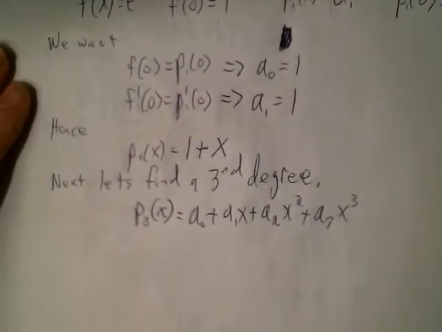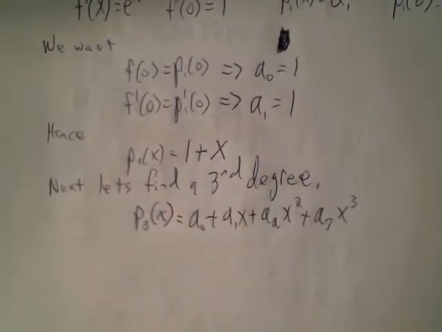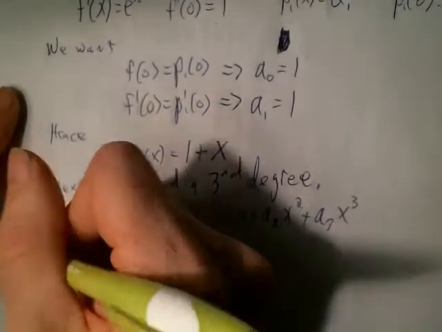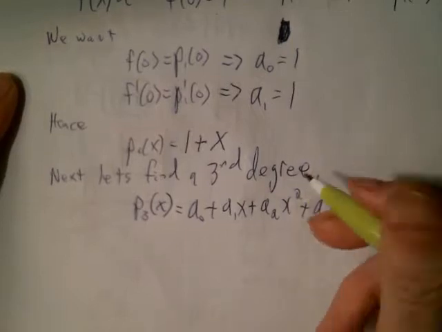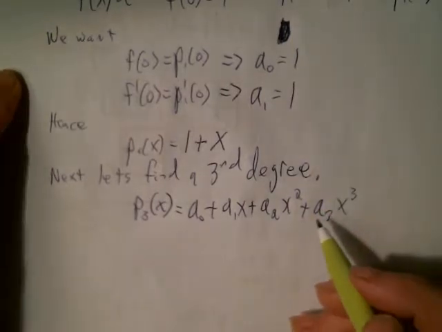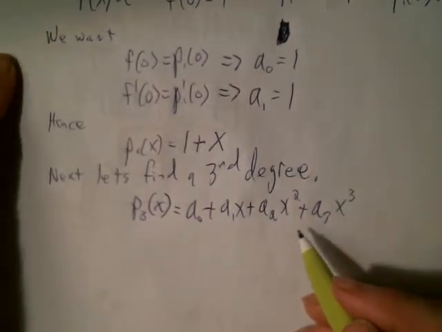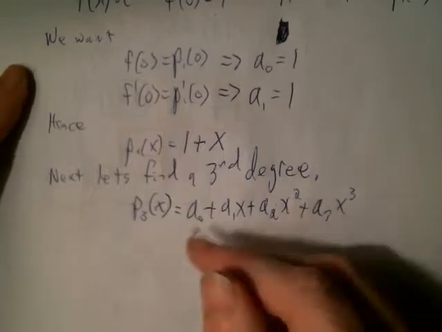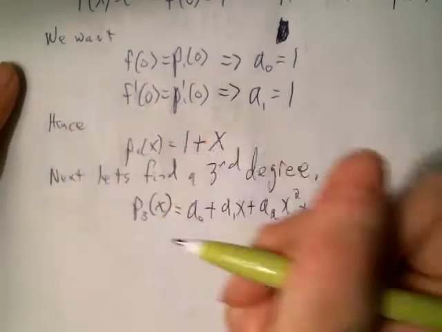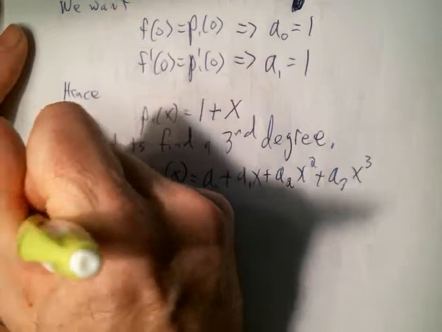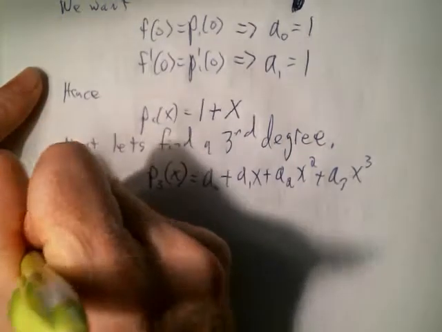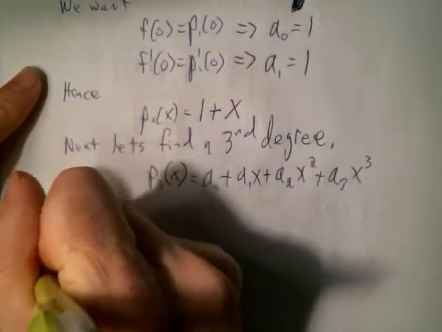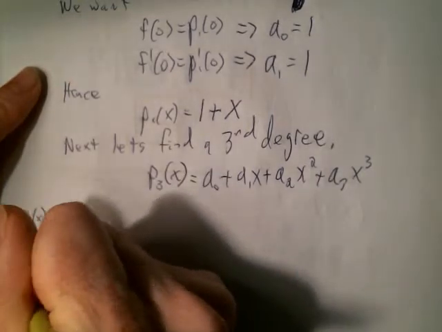Okay. All right, so in this case, our table of derivatives will have to go to the third derivative in order for this to work. So I'll just go over here. So f of x, f prime of x, f double prime of x, and then f triple prime of x.